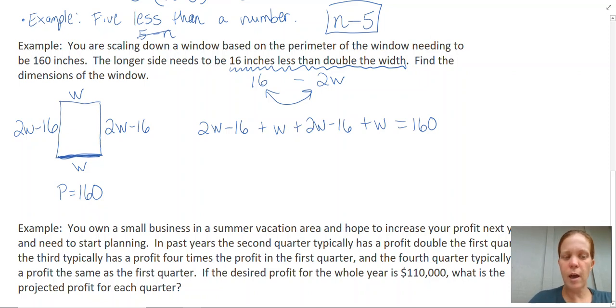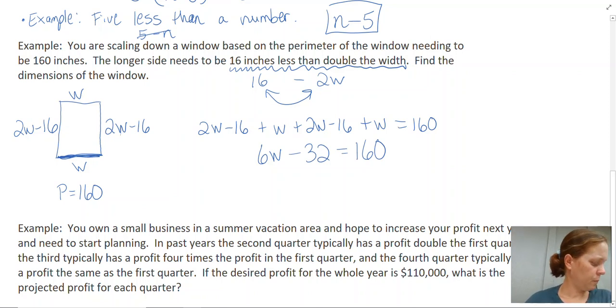Again, if you could just add around on the rectangle, I've got 2, 3, 4, 5, 6 W's when I combine those. Minus 16 and minus 16 will be a minus 32 equals 160. Okay, so now we need to keep solving.